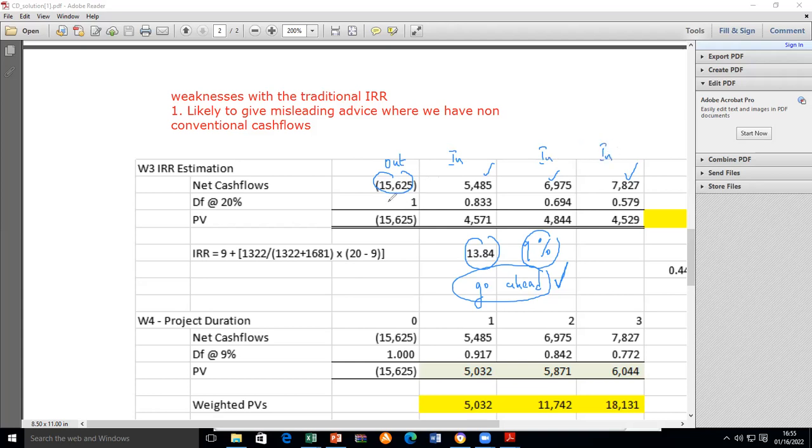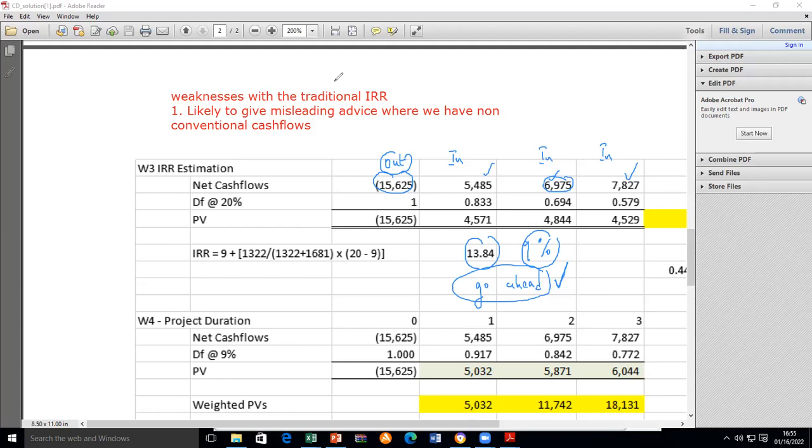But we have some projects where you have an outflow like this, and maybe come year 3, you have a big outflow again, or somewhere at the end of the project. This sort of cash flows, where you start with a big outflow and somewhere during the project or at the end there's another big outflow, is not conventional. And the internal rate of return, when applied to this type of cash flows, may give misleading results.